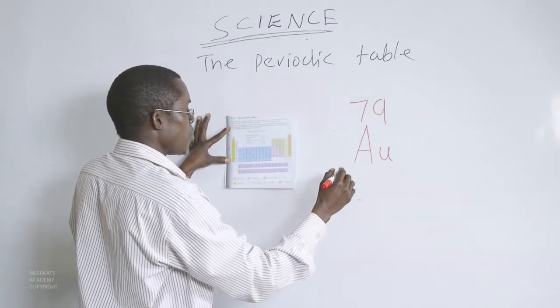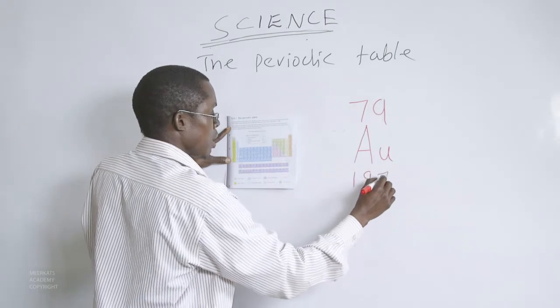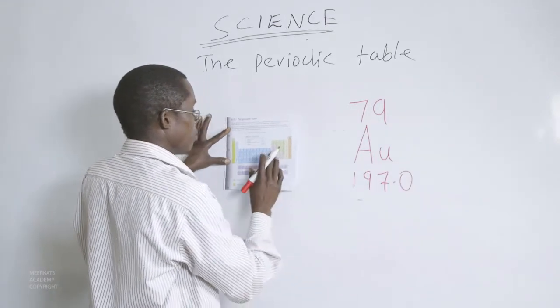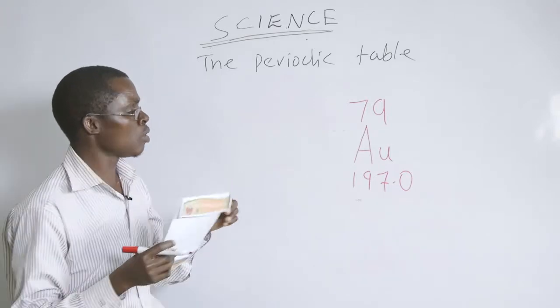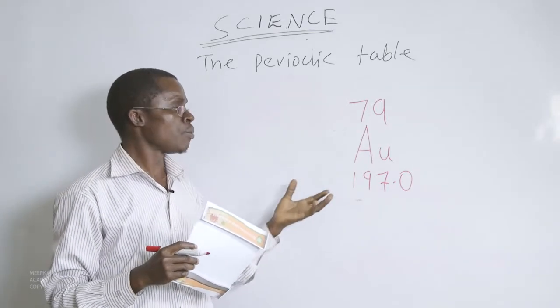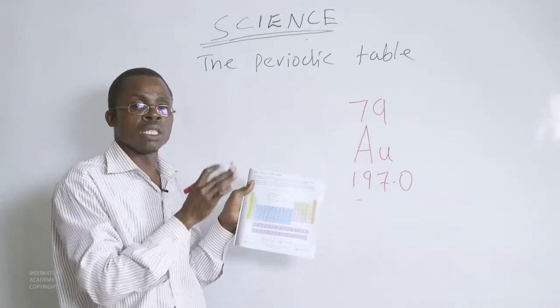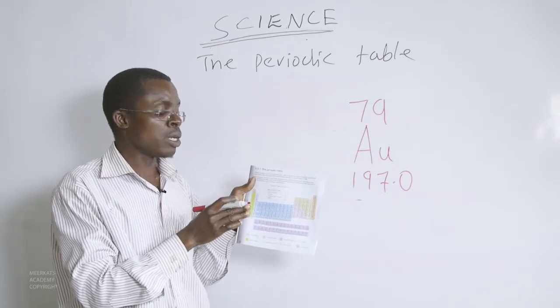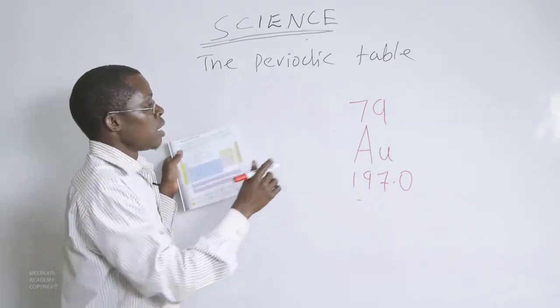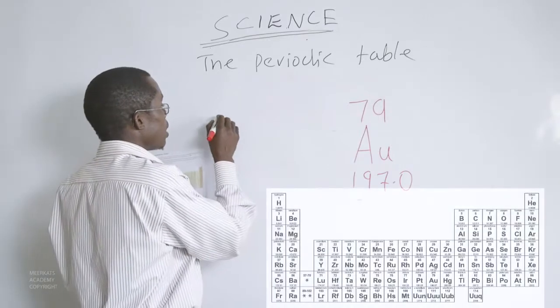There's another number written down here as 197.0. So we need to know or interpret the numbers first. And these numbers will assist us understand the locality of these elements in the table. The first number, 79, is the atomic number.